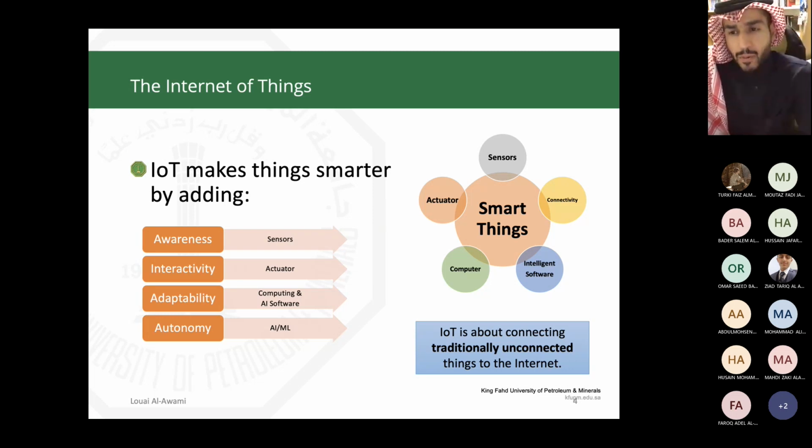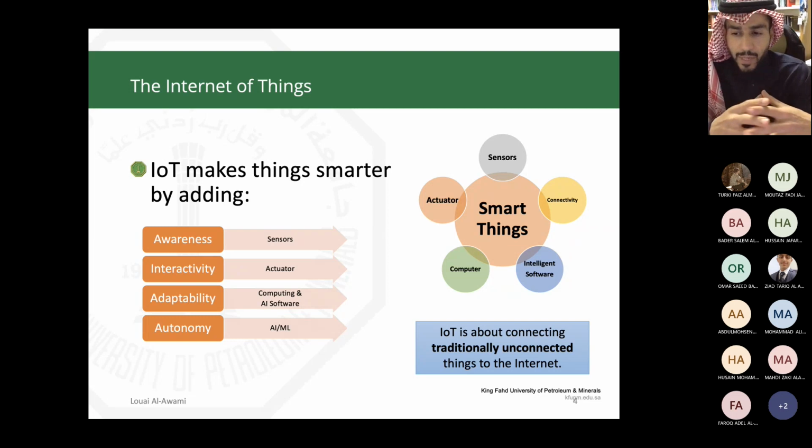So now a lot of data we collect in the Internet of Things should be processed using advanced processing, and when we say advanced processing, we are referring mainly to something like machine learning and artificial intelligence. That's why when you need to build an IoT system, you have to have knowledge from different areas.